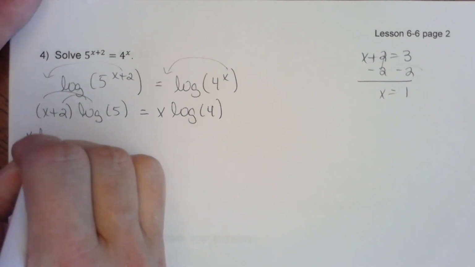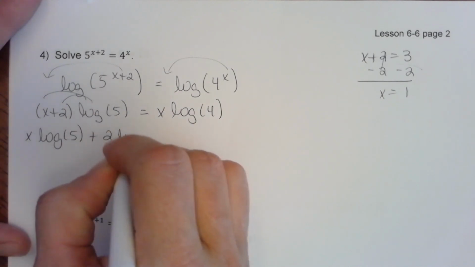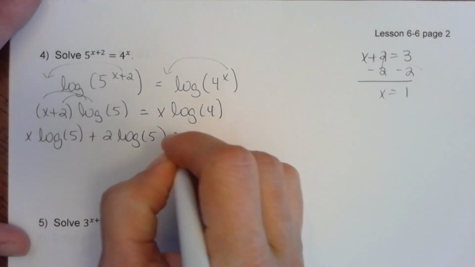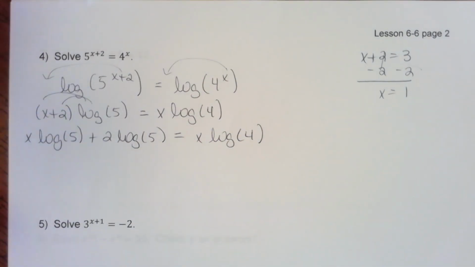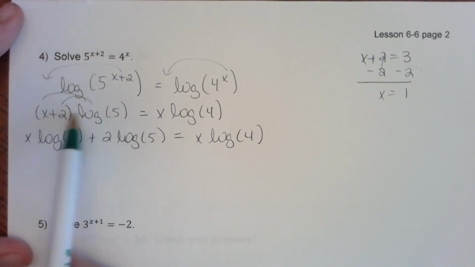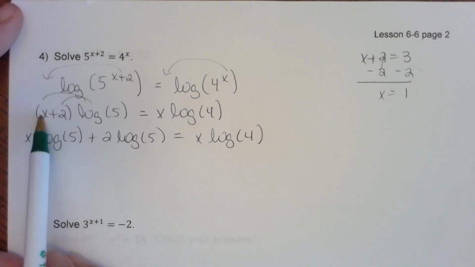We have x log of 5 plus 2 log of 5 is equal to x log of 4. We did this distributing the log into this parentheses because we need to get the x out of the parentheses. That way we can move both of these x's to the same side.